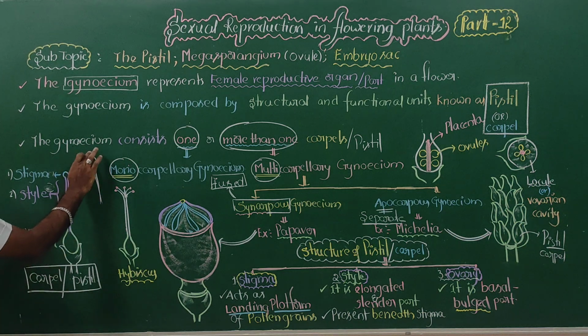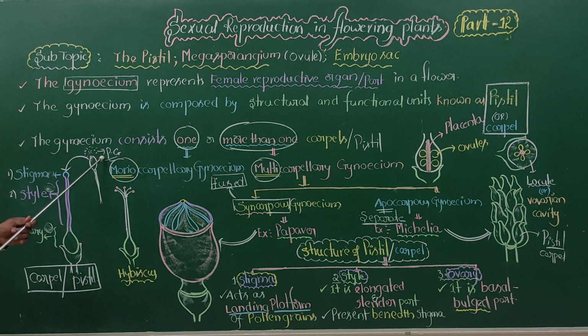During maturity, anther dehiscence happens. Then these are the pollen grains. The pollen grains are transferred from the anther to the stigma. This is nothing but pollination. So the pollen grains land onto the stigma of the carpel or pistil. So the stigma acts as the landing platform for the pollen grains during pollination.